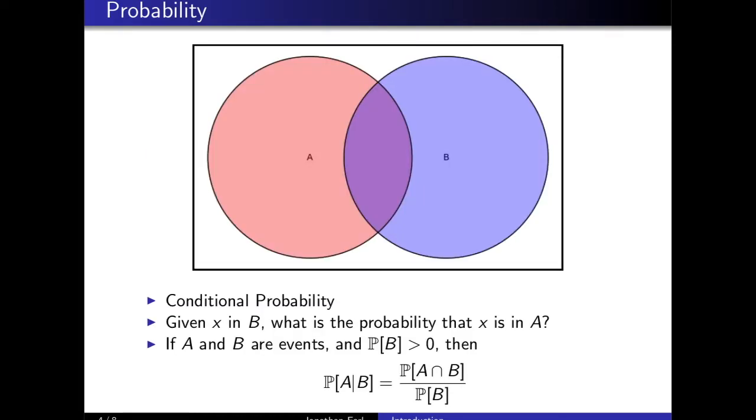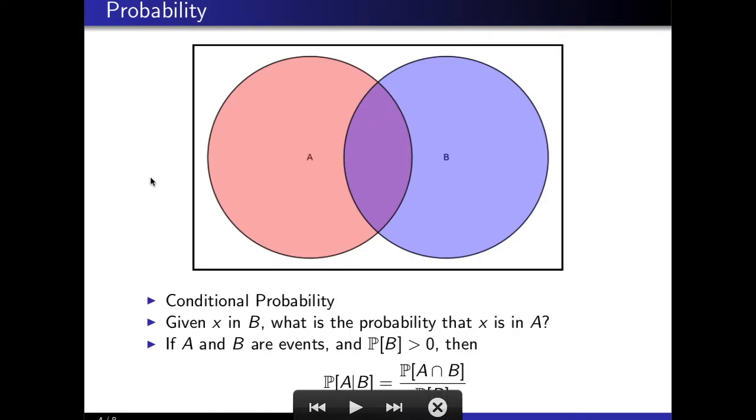Okay, so we could also come back to this Venn diagram from a moment ago and use it to talk about what's called conditional probability. So suppose that we're told that we have an x value that is somewhere in B. We might be interested to know what is the probability that that value is also in A. So in other words, we're told it's somewhere in this blue region, we don't know where. What's the probability that it's in this purple region?